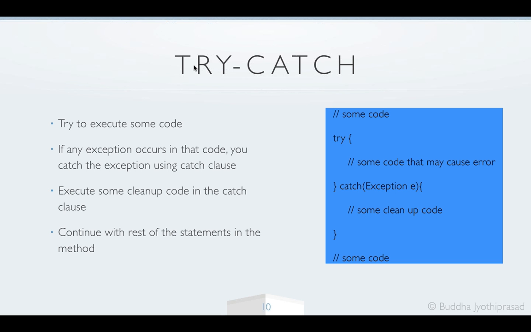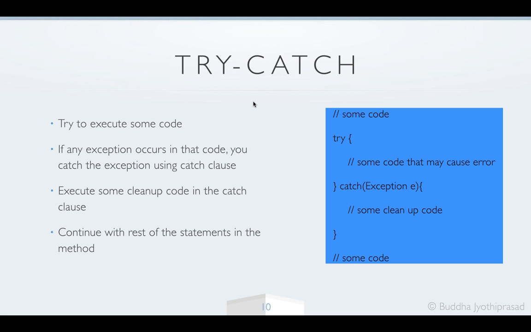And whenever some exception occurs, we write a catch clause where we mention the exception that we want to catch, and then perform some cleanup operations. This is the typical syntax of a try catch block. By using this, we will be able to handle the exception in a more graceful manner than simply printing the error and quitting the program.